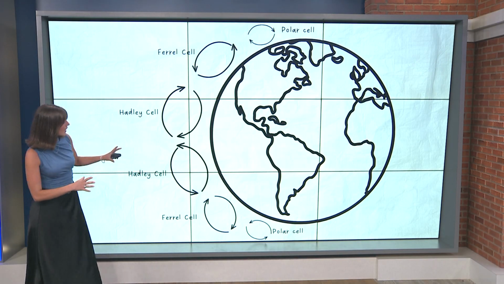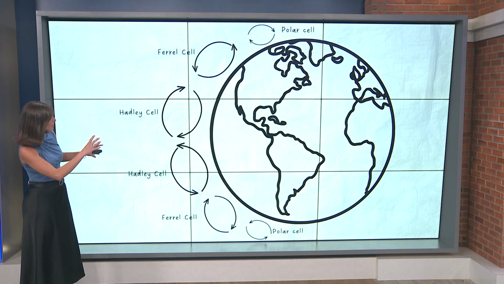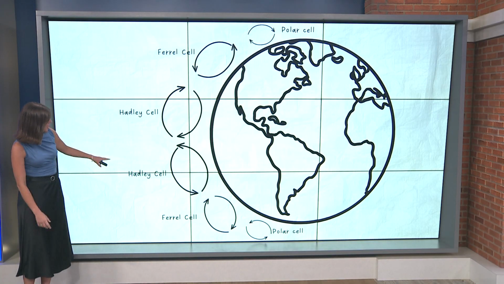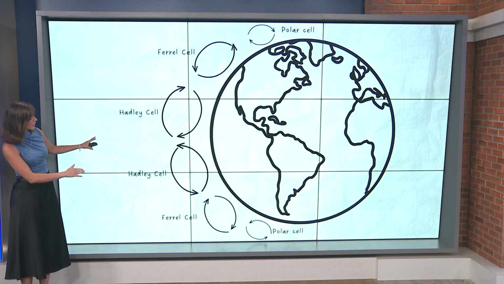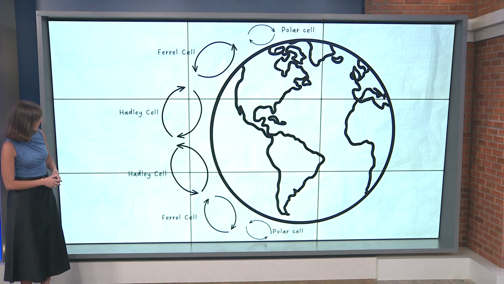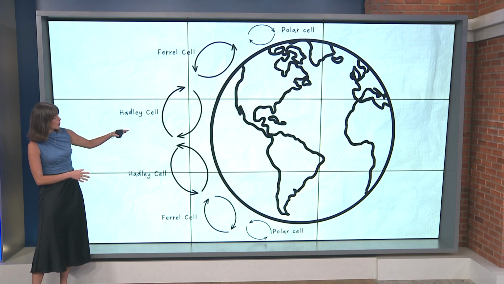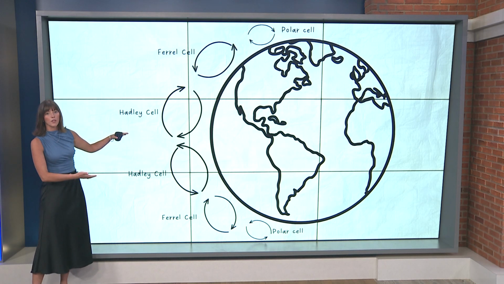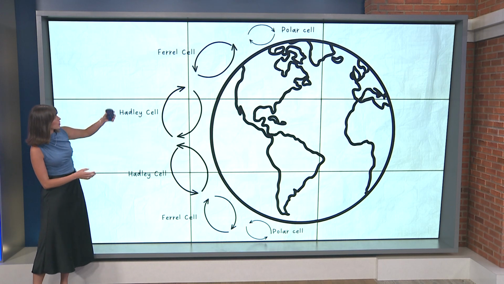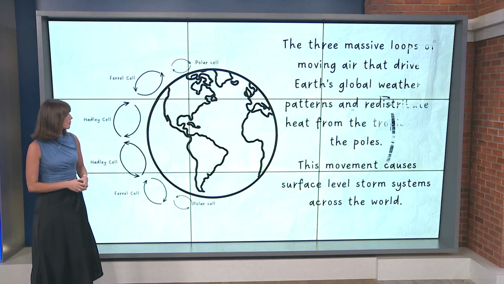When you're looking at the entire Earth, the whole world, we've got these circulations. We've got the Hadley cell, the Ferrel cell, and the polar cell, and it's both in the southern portion of the world and the northern portion of the world.